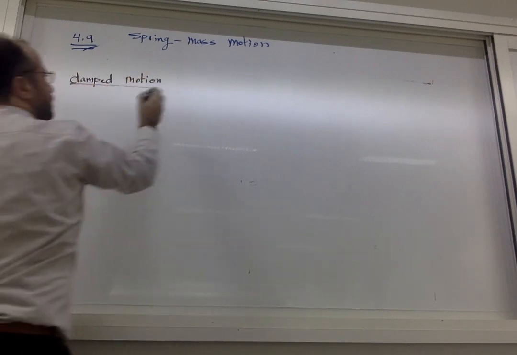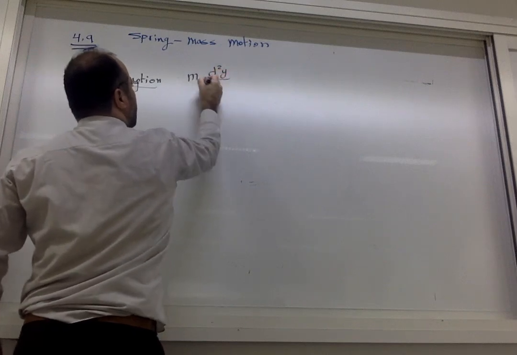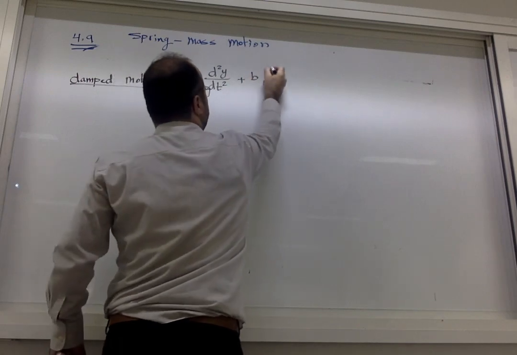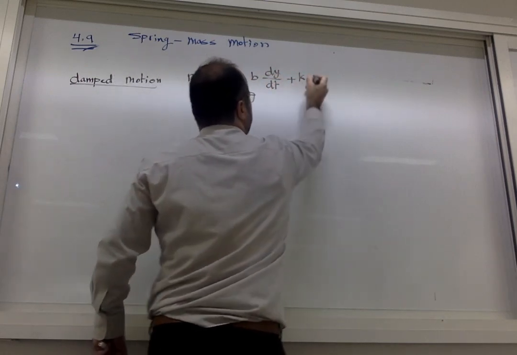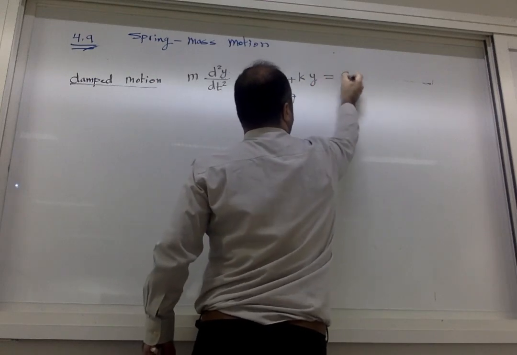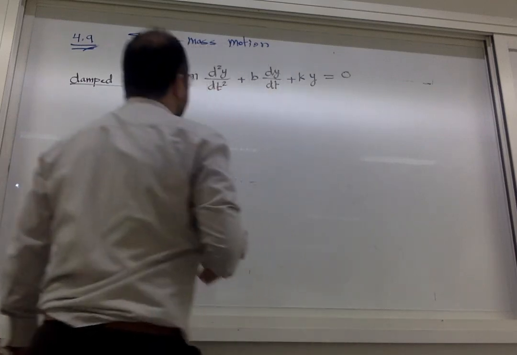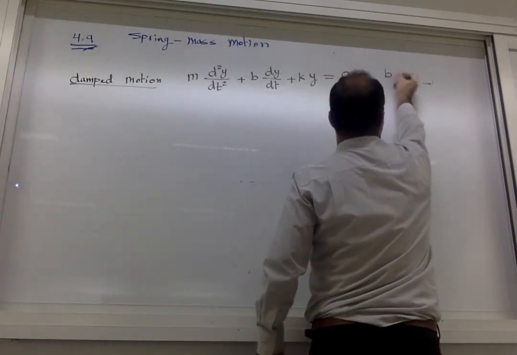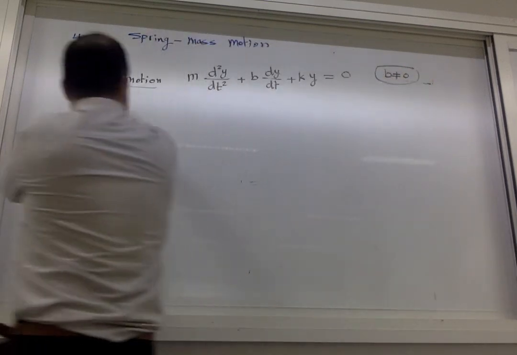And for this, m d squared y over dt squared plus p dy over dt plus k y equals 0. We said we're going to always take the external force to be 0. Now here I'm considering the case when p is not 0. So we have a damped case.